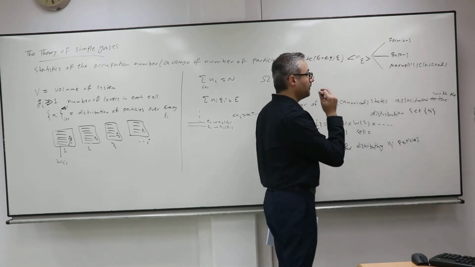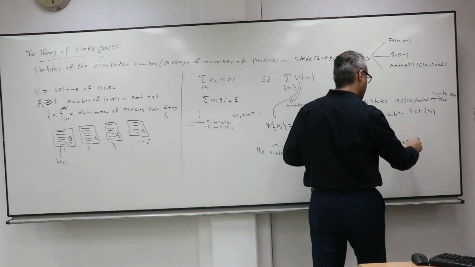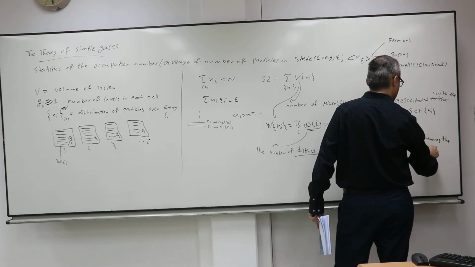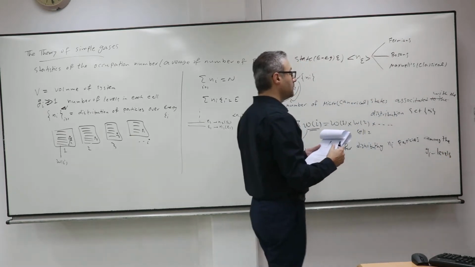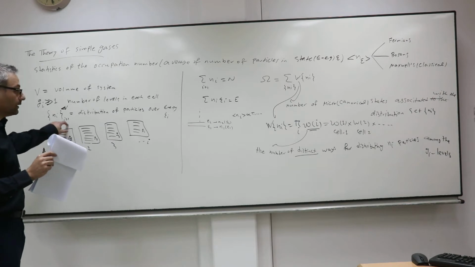Particle means any type of particle, fermion, boson, or Maxwell particles, among the Gi levels. As I told you, this G is related to the number of states in the system. 1, 2, 3, 4, any of them.